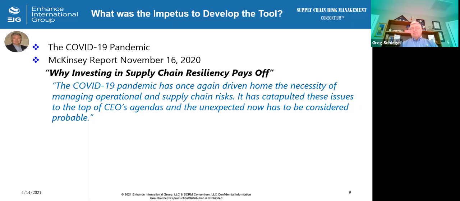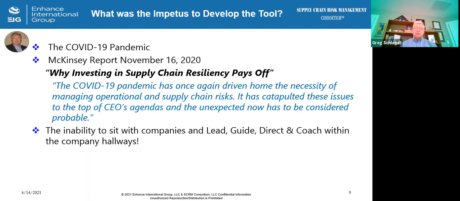The COVID-19 pandemic has once again driven home the necessity of managing operational and supply chain risks, amen. It has catapulted these issues to the top of CEOs' agendas, and the unexpected in supply chain now has to be considered probable. There's more.